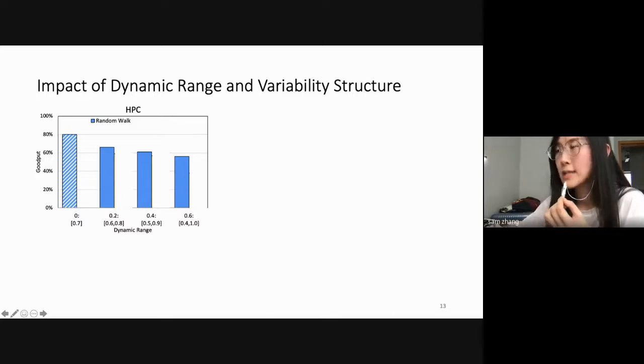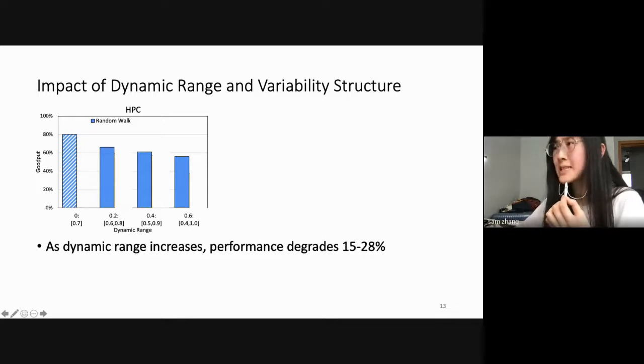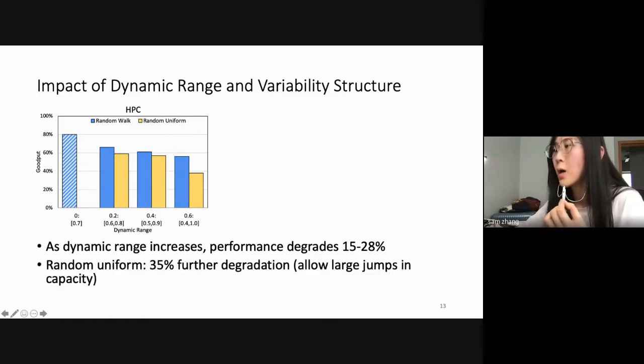On the x-axis, we vary the dynamic range from fixed all the way to most extreme, and we can see that as the dynamic range increases, the performance degrades from 15 to 28%. Now if we add random uniform to compare, we can see that random uniform has 35% further degradation compared to the random walk structure, because it allows larger jumps in capacity changes.